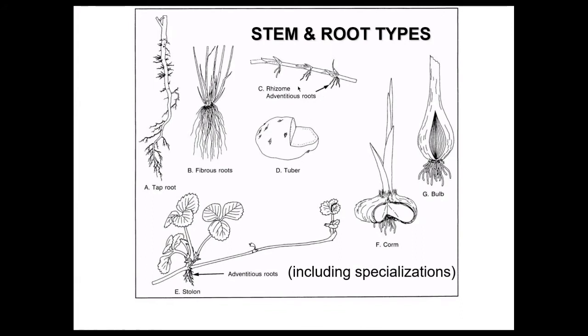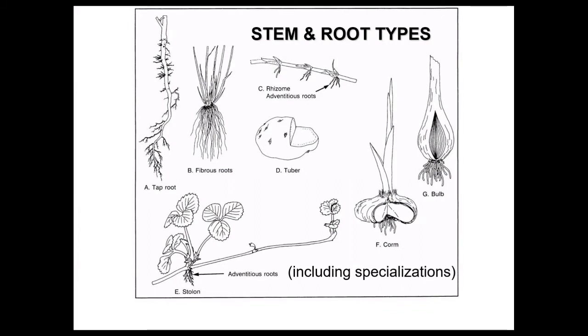Adventive, so to speak. But a rhizome is a subterranean, usually horizontal, not always, stem, but subterranean. Whereas a runner or stolon is like you find in a strawberry plant, which is illustrated here. It has a function of asexual reproduction. There's a plantlet coming off of this stolon, which is what stolons do.